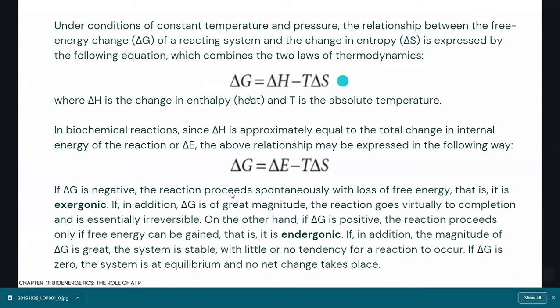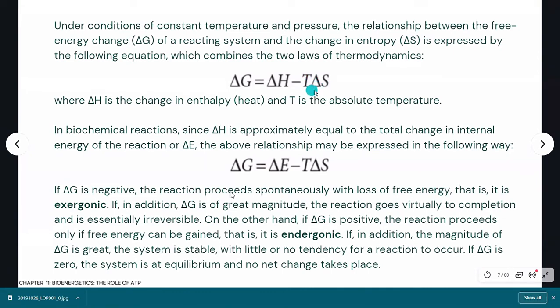So free energy change is equal to change in enthalpy minus temperature times delta S.